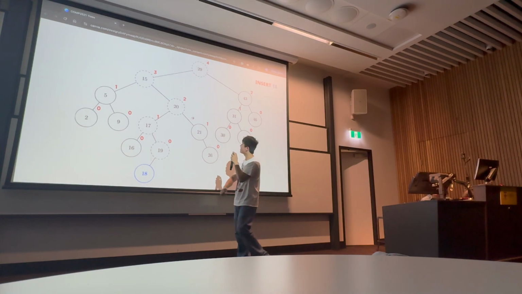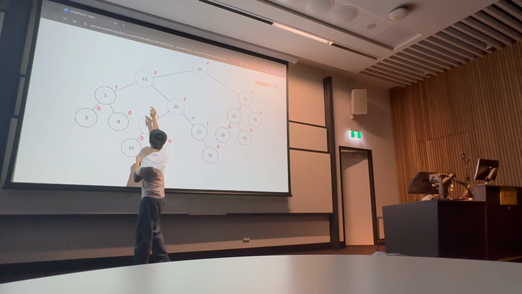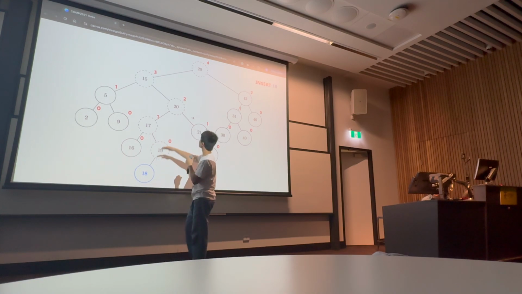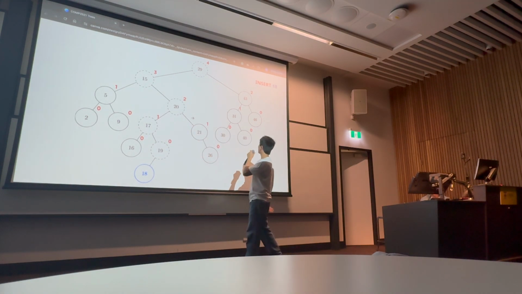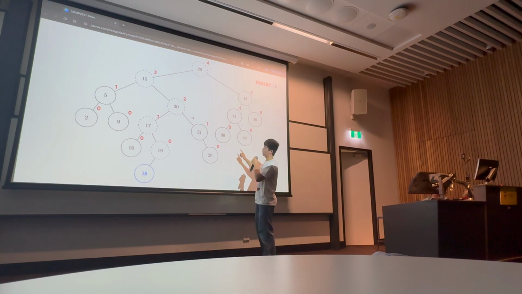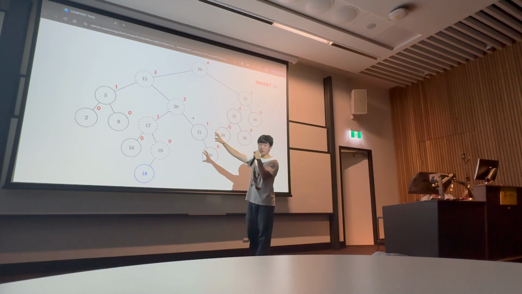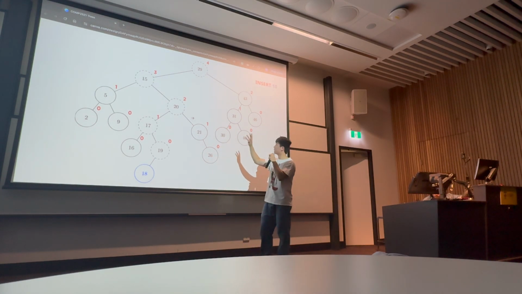It's 5. If we start from that level, 15, and then that level, 1, 2, 3, 4, 5. So the left subtree height is 5, and the right subtree height is 1, 2, 3, 3. 5 minus 3 is 2. So obviously, there's an imbalance between the left subtree and the right subtree of the root node 29.